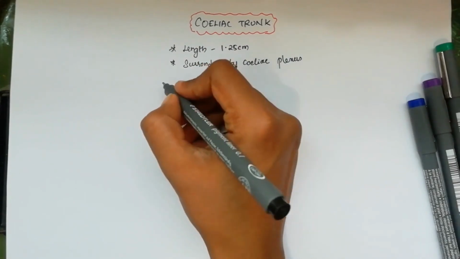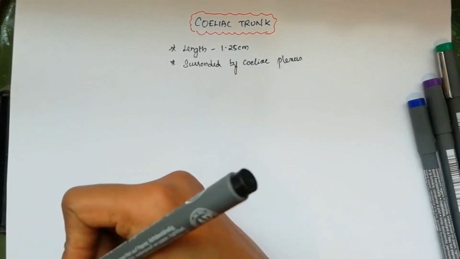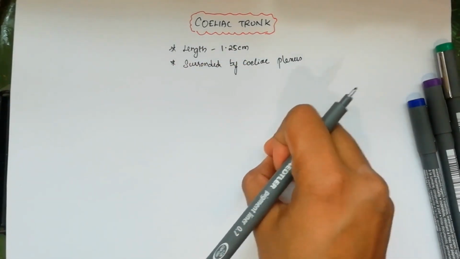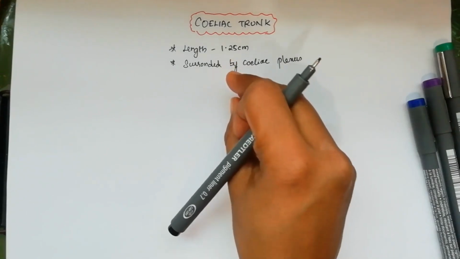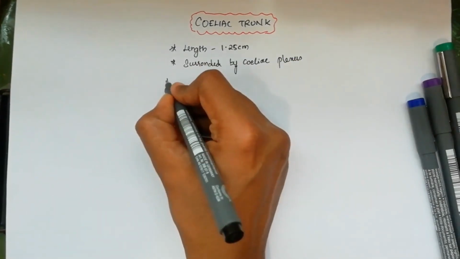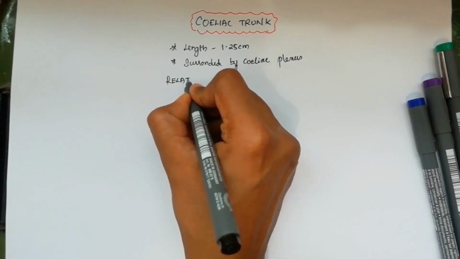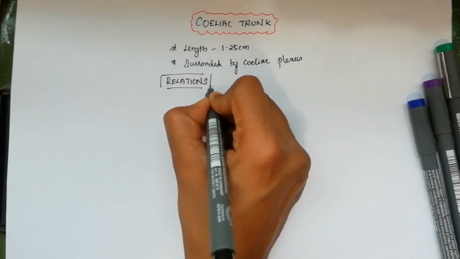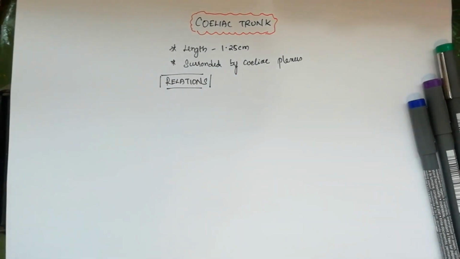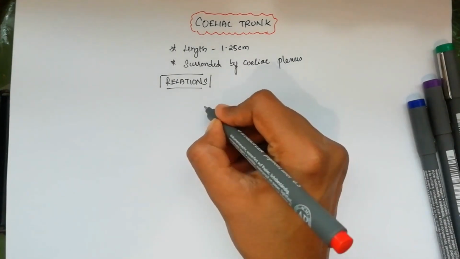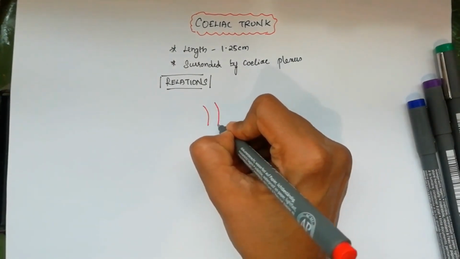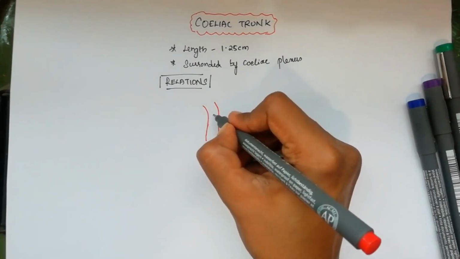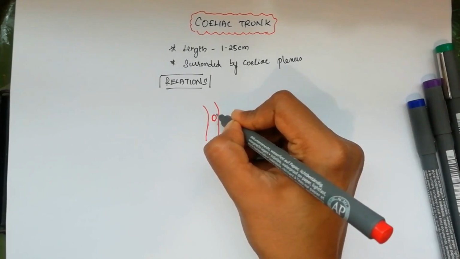Now we will move on to the relations and then the branches of this particular artery. Whichever artery we deal with, we look at special characteristic features along with the relations. Relations means what other structures are related near to it. Talking about the relations of the celiac trunk, consider this as the abdominal aorta, and the celiac trunk is coming out as a small vessel.